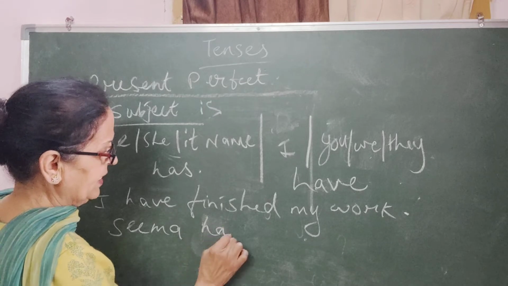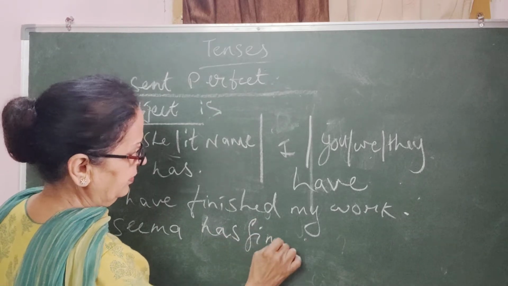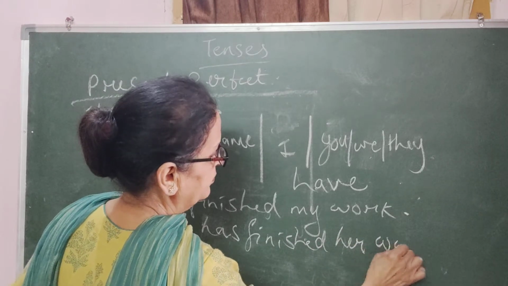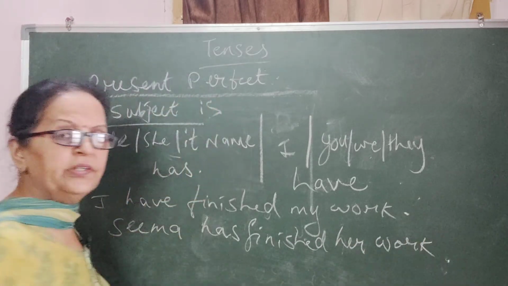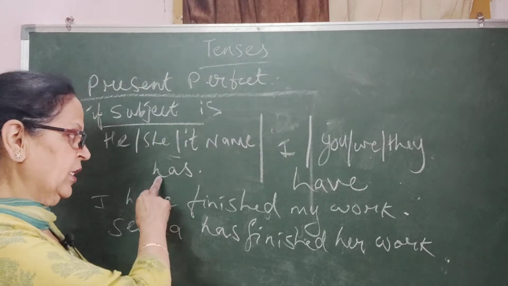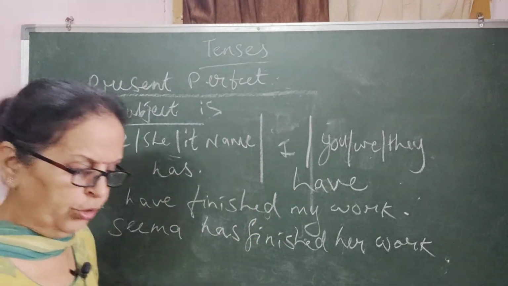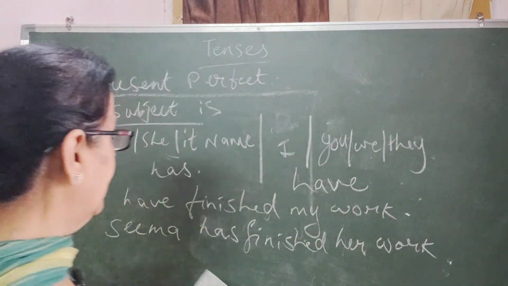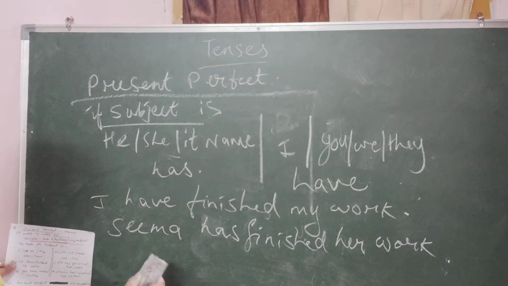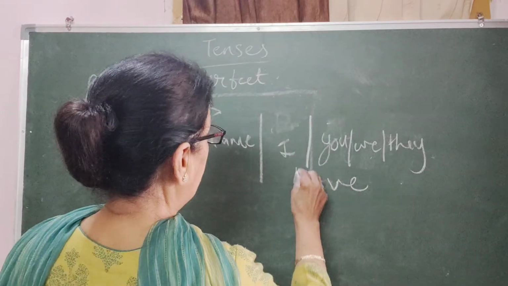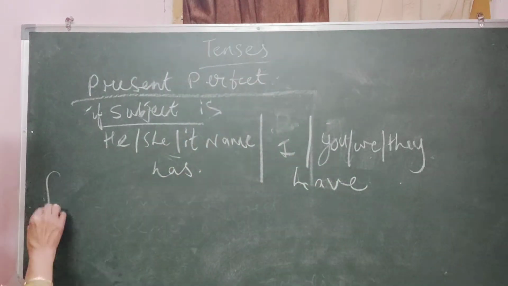Seema has finished her work. Isn't it very easy? So again, according to the subject, you are going to use the verb which will show you your present perfect tense. Right? So the formula which is going to be applied here, let us look at the formula.